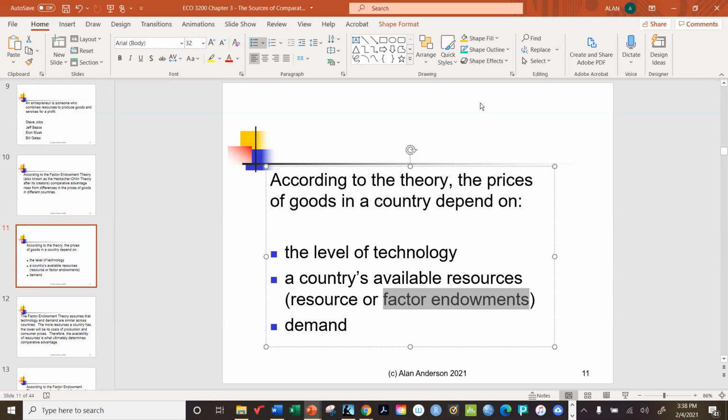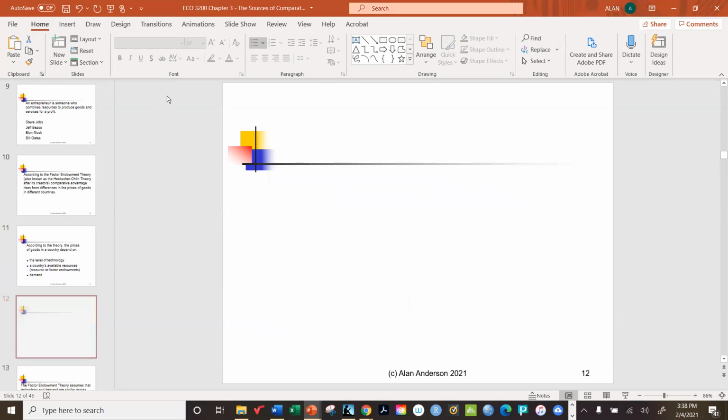So it stands to reason that the higher the level of technology, the lower should be the costs of goods or the prices of goods in that country. Why? Because the higher the level of technology, the more productive will be all of our resources. So let me give you a good example of that.